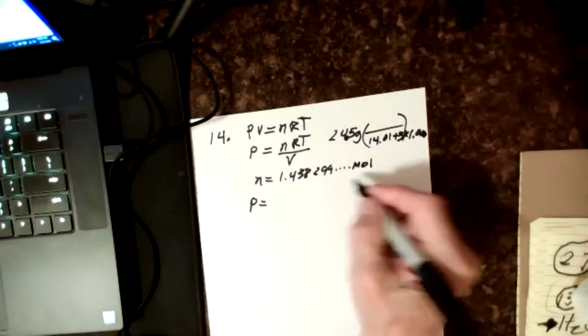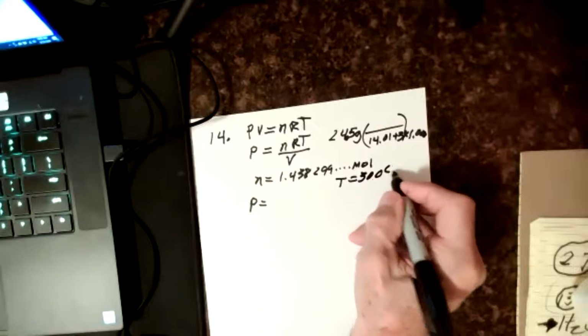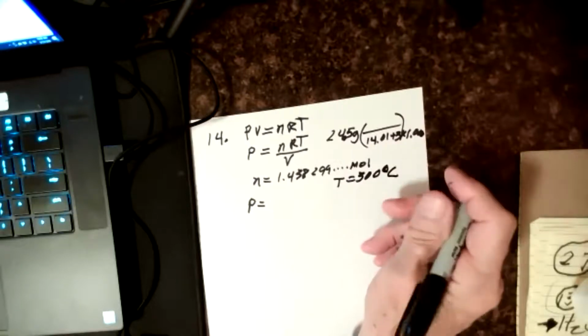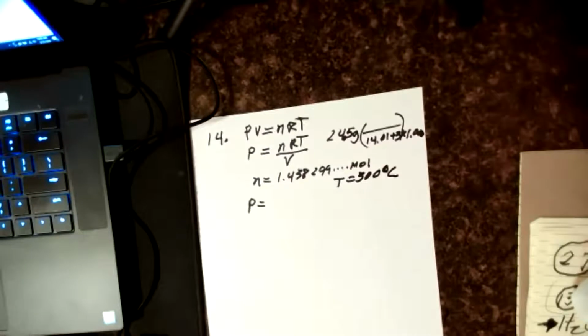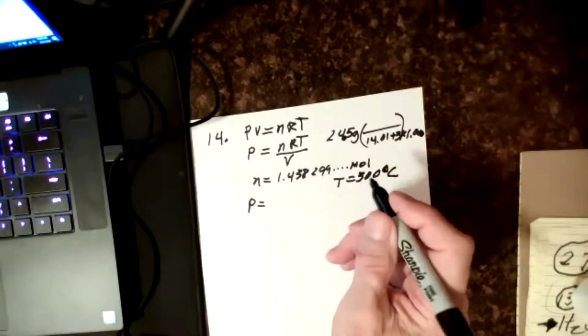So I'm going to say T is 300 degrees C, but I don't see it on this problem. It was intended to show the difference between the van der Waals and the ideal gas in this particular example.